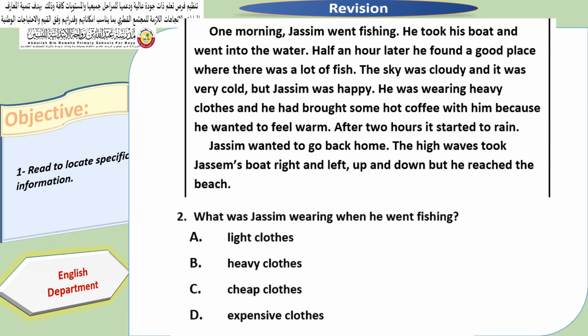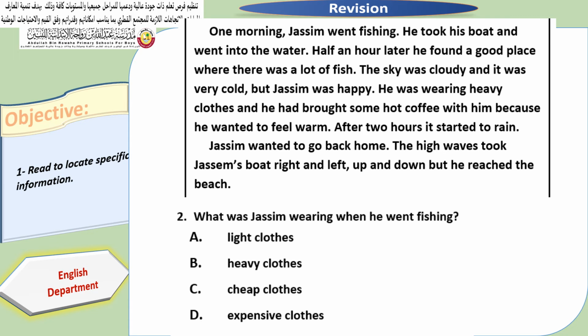Now, moving to questions number 2, 3, 4. Question number 1 talks about the main idea, while questions 2, 3, 4 usually talk about the details inside the text. تتكلم عن التفاصيل داخل النص. So question number 2: what was Jasim wearing when he went shopping?